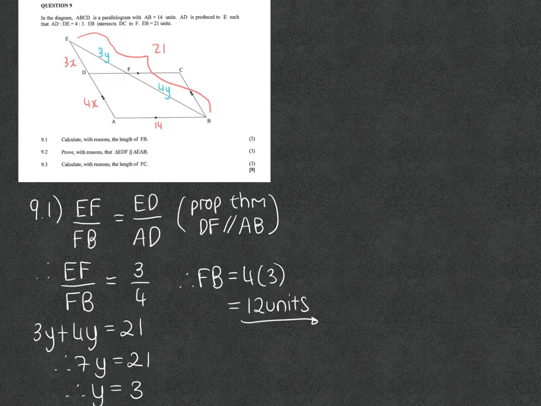Okay, next, 9.2. Prove with reasons that triangle EDF is similar to triangle EAB. Let's highlight our triangle, shall we? So we're trying to prove that EDF is similar to triangle EAB.